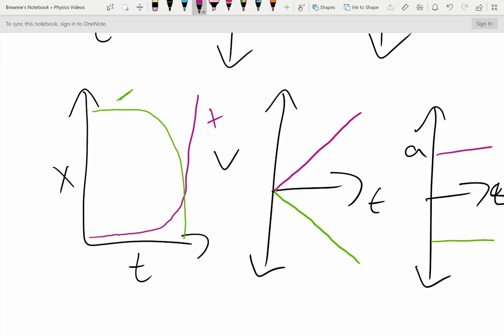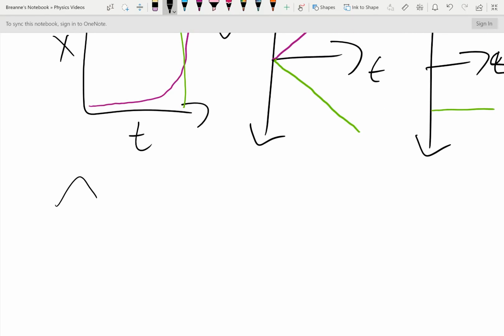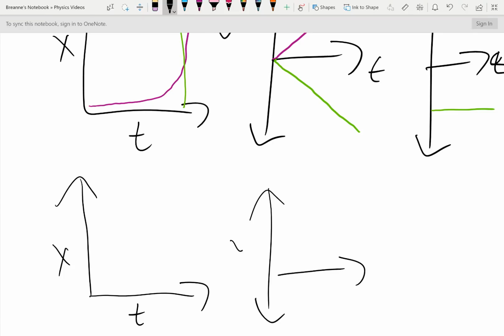Now it's saying person negative acceleration in the north, and person negative acceleration in the south. So we have a position time graph, a velocity time graph, and an acceleration time graph.